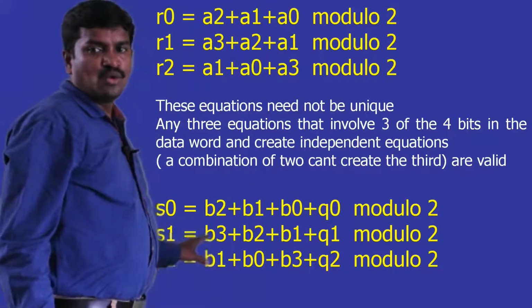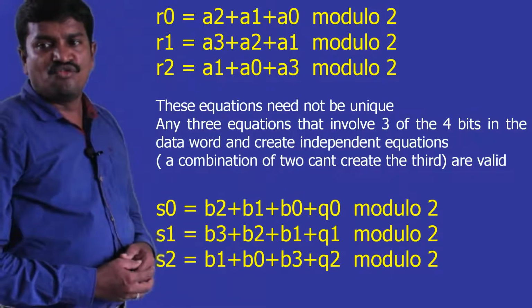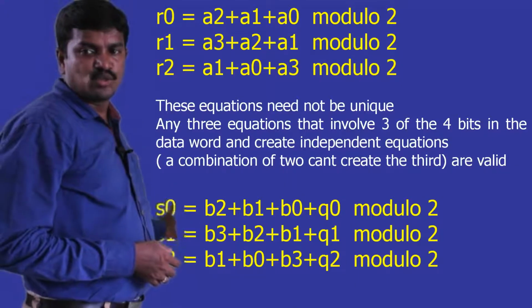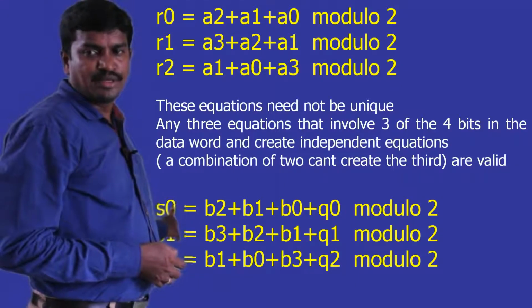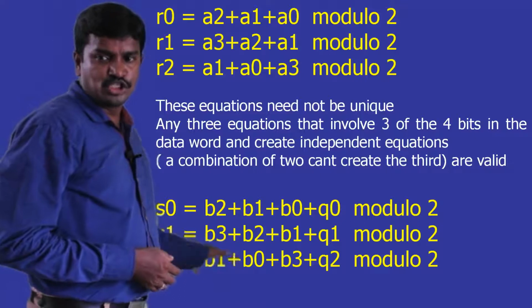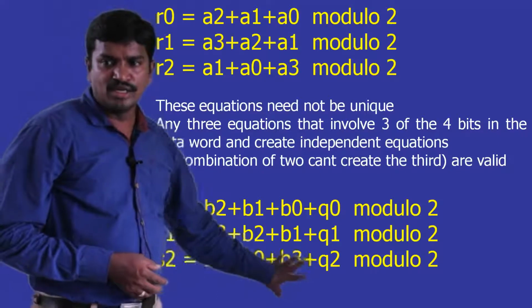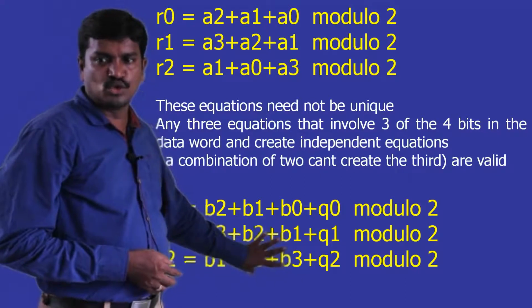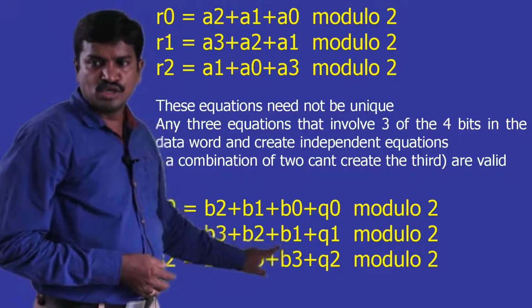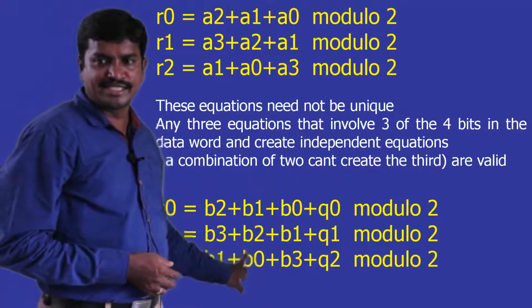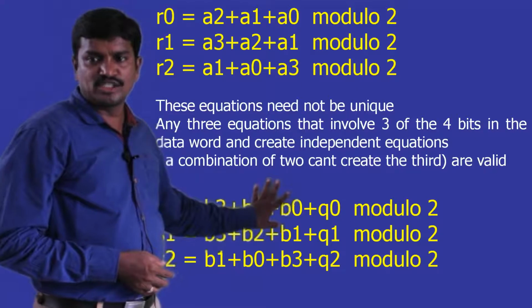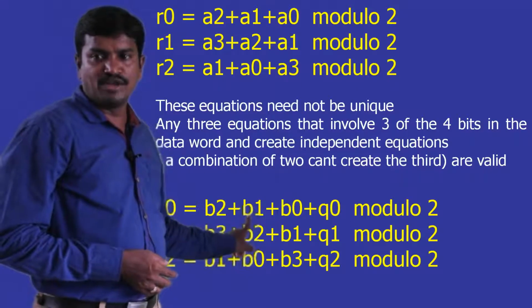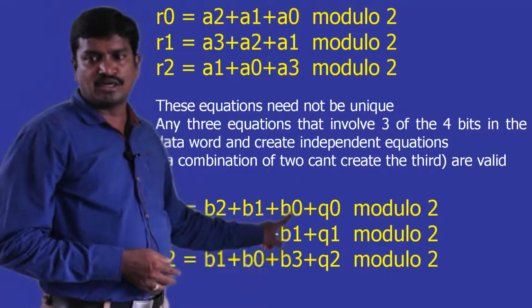So what you can understand is, when S0 is 1 and the remaining two are zeros, B1, B2, B0 exist here but are not having any impact, so they are zeros.